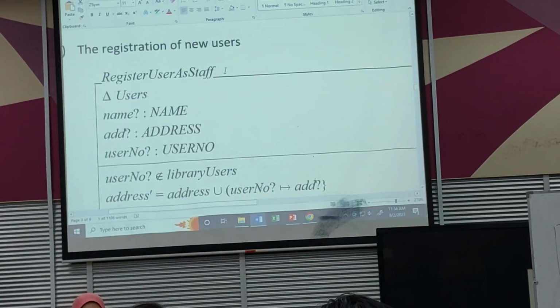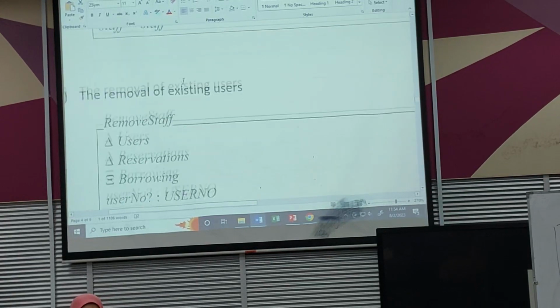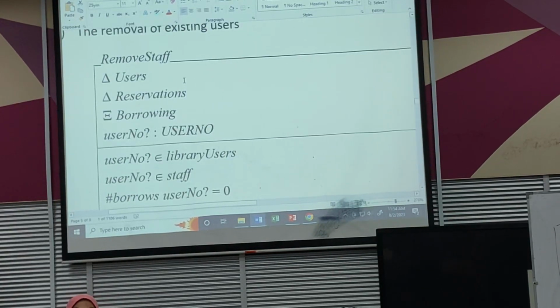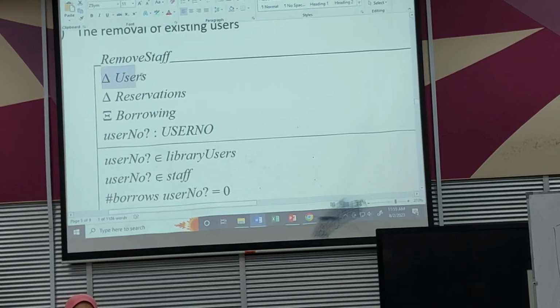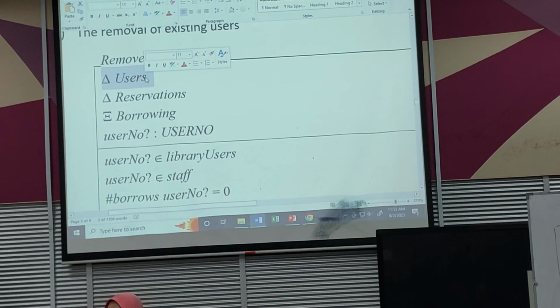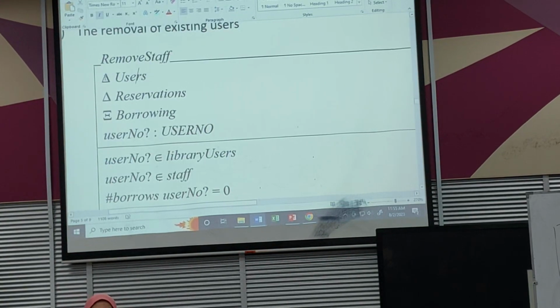You have to look down here, example, operation schema. So some of you want to actually link with your friends' operation schema, with your friend's module. So let's say my module is user, if I want to remove staff, there will be an update to my database. So that's why my module is user, I will have data from my module.